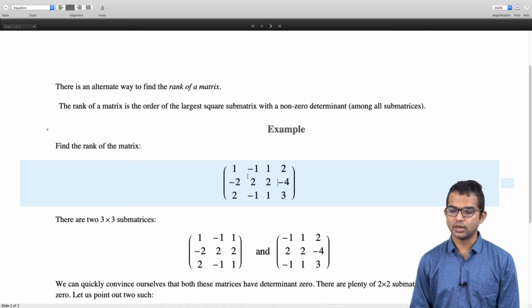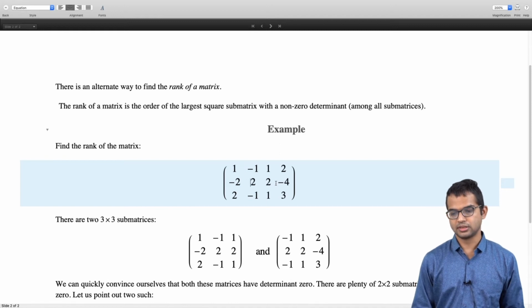I wanted to arrange this in such a way that the second row is a factor of the first row. So let me redo this and recast this matrix, with -2 here and -4.